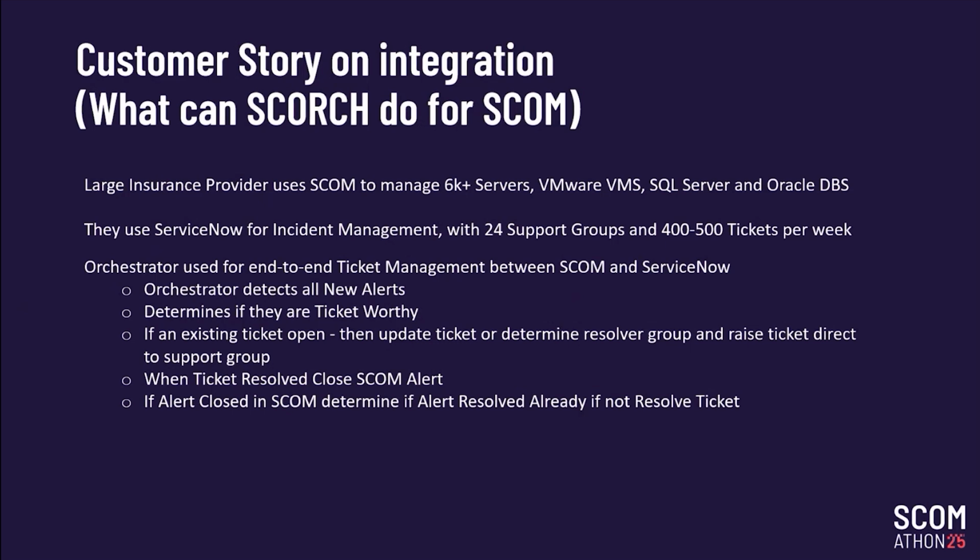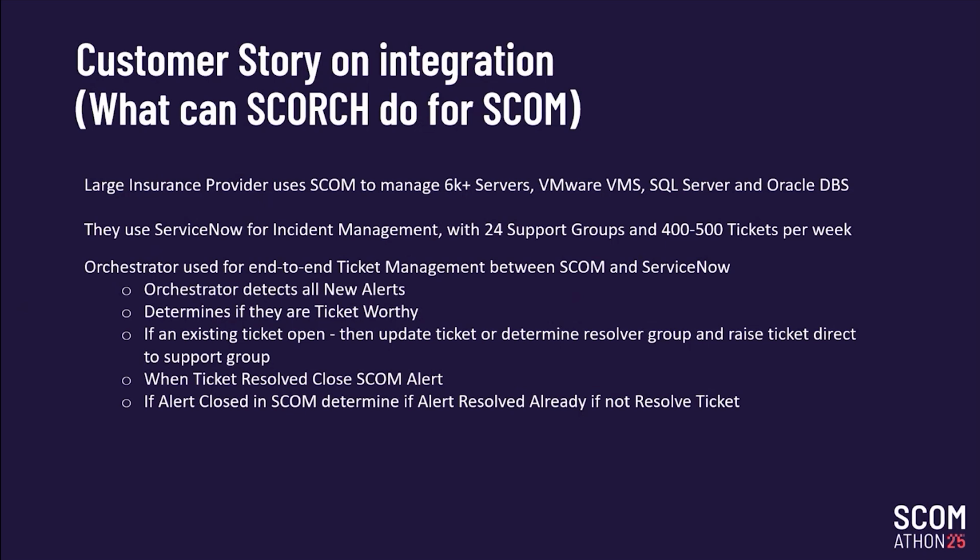So Orchestrator is watching Operations Manager for all new alerts that are coming in. The customer has provided some rules which determine if the alert is ticket worthy. So we look at the alert, and based on rules that they've defined, we then actually will go and say, yes, this is an alert that needs to be raised in an incident ticket. We'll check ServiceNow to see if an incident ticket already exists because they have issues that flap.